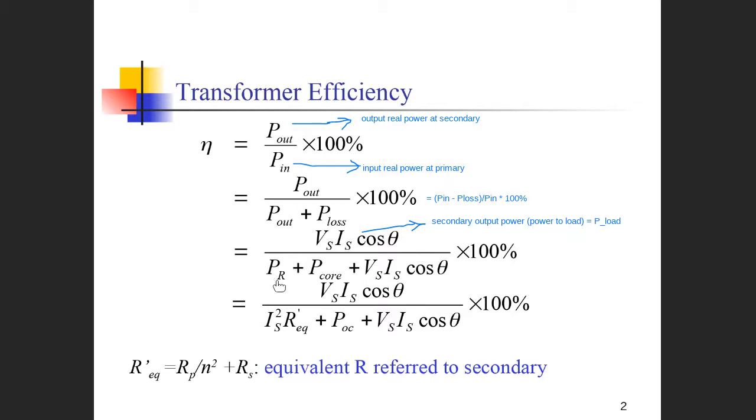And for the input power, it includes three parts: the secondary output power, the core losses, and the copper losses.